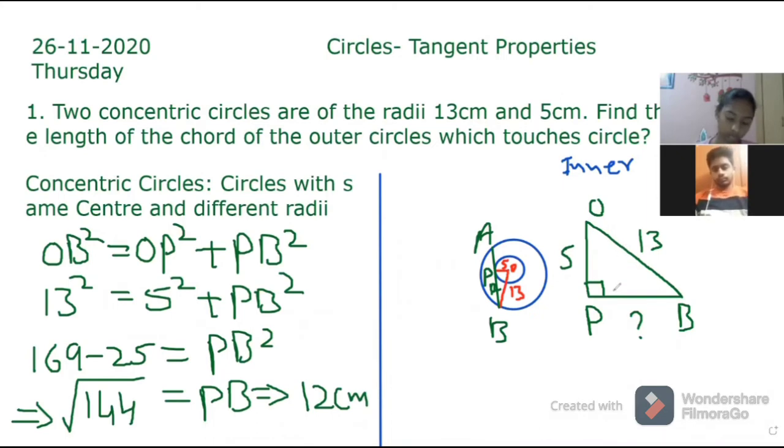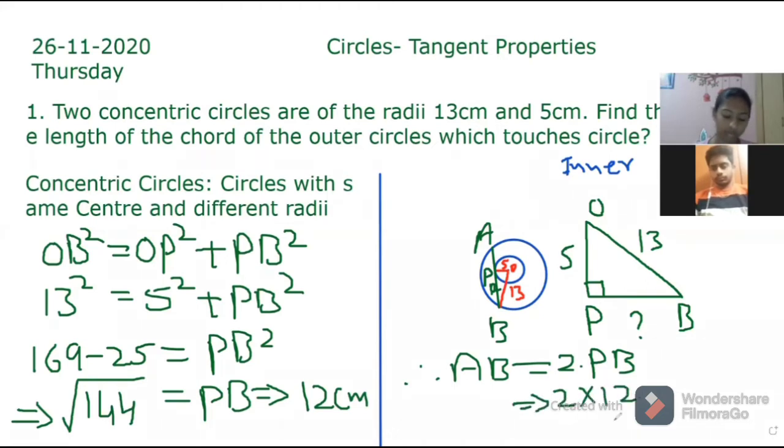We have discussed it. Therefore, AB can be written as 2 times PB, which gives you 2 multiplied by 12, which is equal to 24 centimeter.